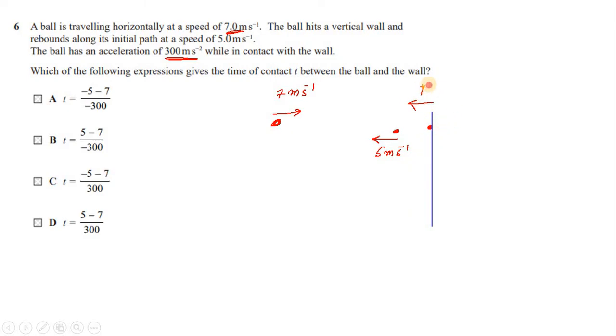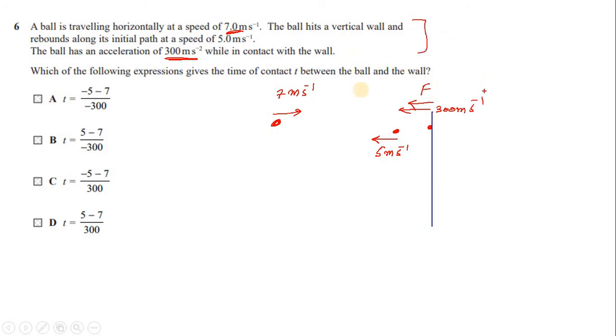This is the force due to the wall, and we have acceleration in the direction of the force. So this 300 meters per second squared is also in the same direction. So we have an acceleration of 300 meters second to the minus 2 leftward. Generally, it's all about the momentum situation, and momentum is a vector quantity.